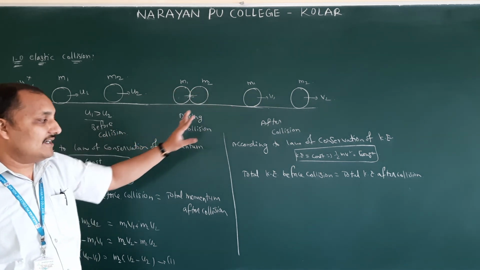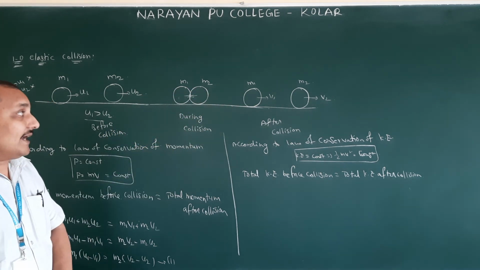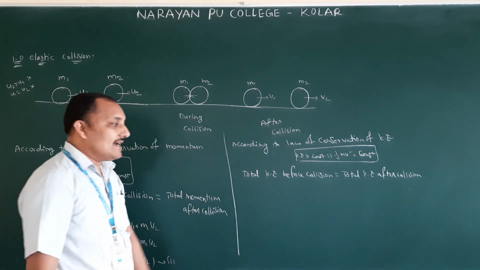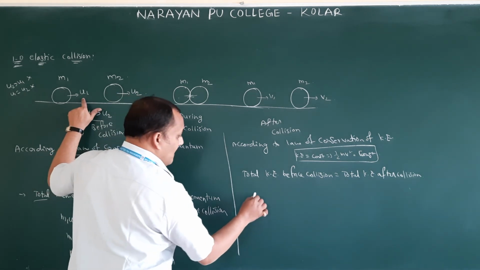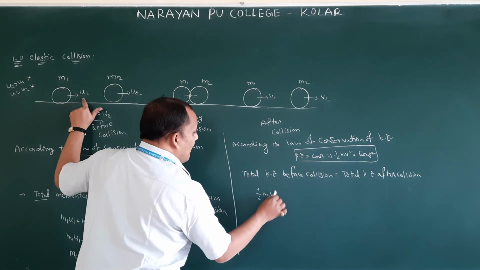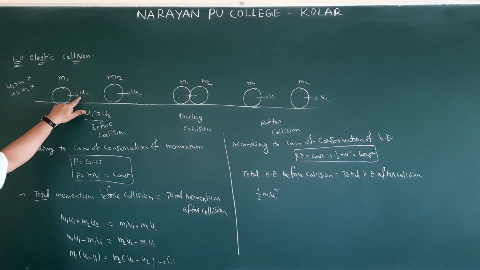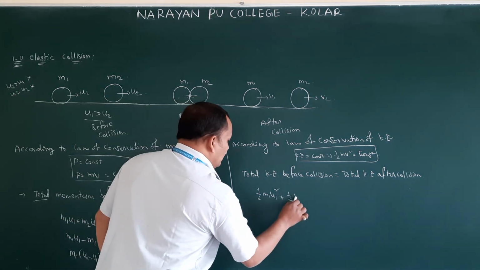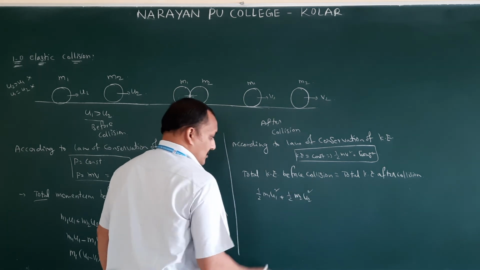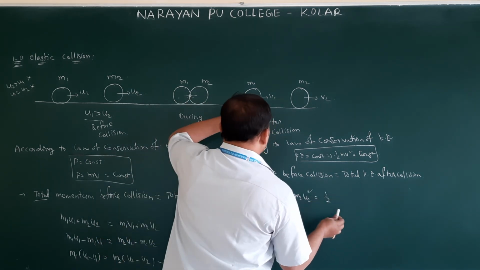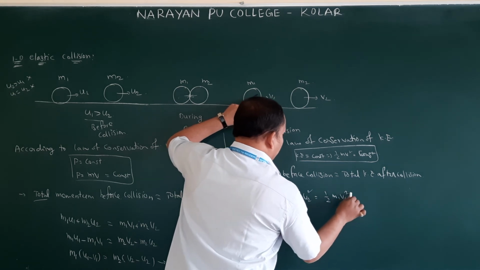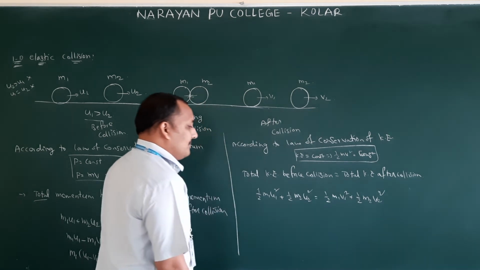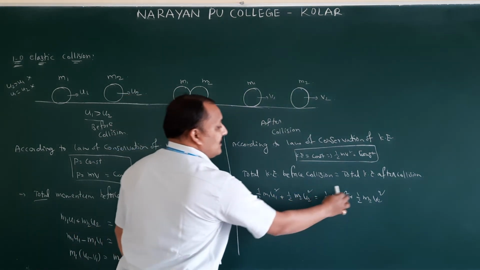After collision, what is the kinetic energy? In this there is no potential energy because the object is moving, so it has only kinetic energy. So half m1 u1 square is this object's kinetic energy, plus half m2 u2 square, is equal to half m1 v1 square plus half m2 v2 square.